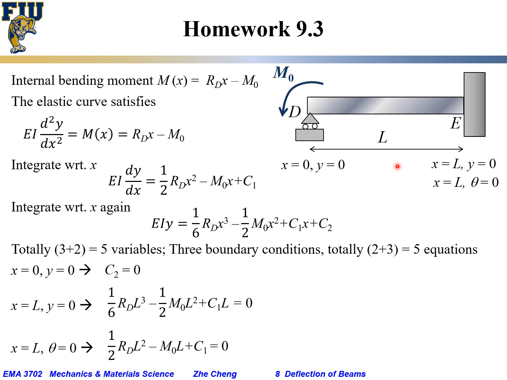Then at the other end, x equals L, or the E end, the deflection is 0, which means 1 over 6 Rd L cubed minus 1 over 2 M0 L squared plus C1 L equals 0. And at the same time, at x equals L, theta is 0. The local slope is 0, which means half of Rd L squared minus M0 L plus C1 equals 0.